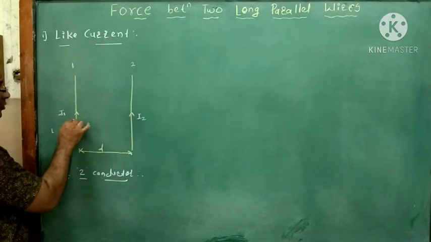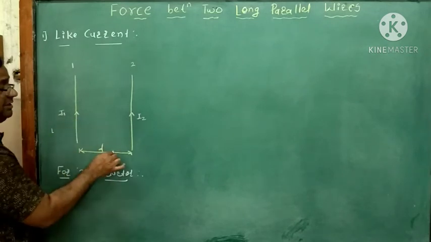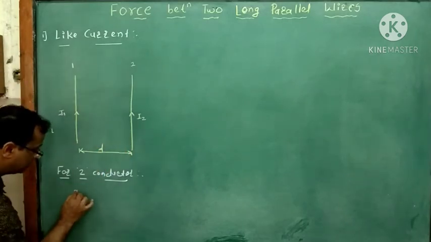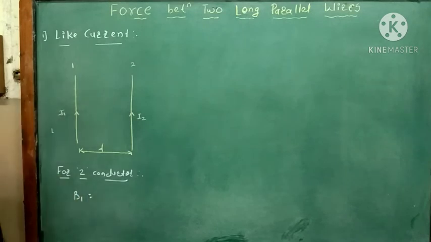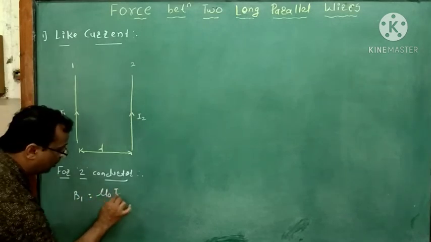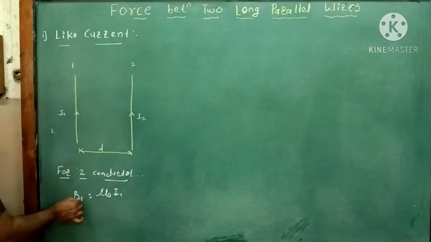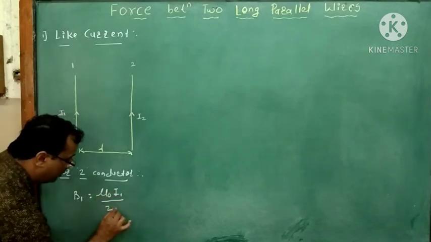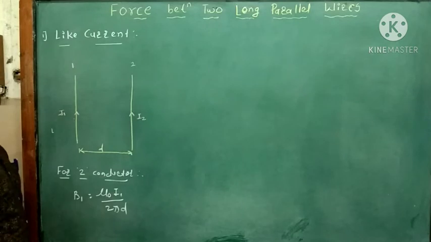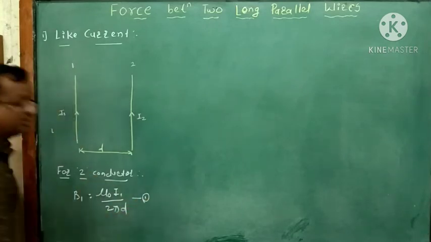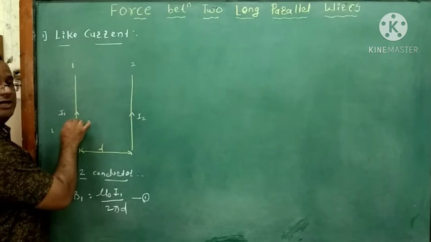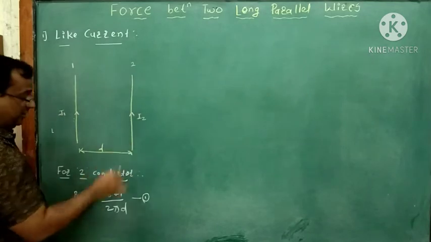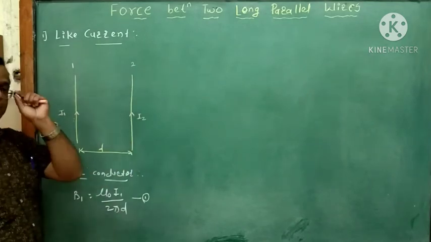When current flows through the first conductor, then at distance D, that is at the place of the second conductor, the magnetic field B1 is equal to mu 0 I1 upon 2 pi D. Suppose this is equation number 1. It means this conductor through which I1 flows produces this much magnetic field at the place of the second conductor.